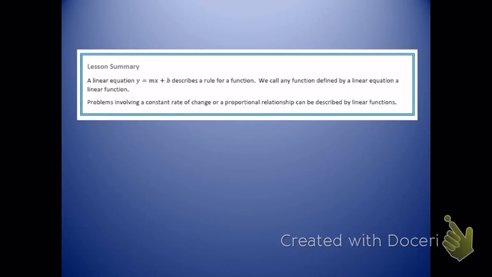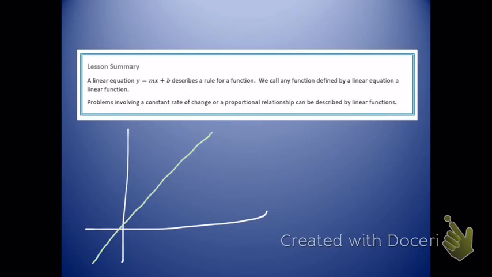So just as a recap on proportional relationships and constant rate of change, remember, if you're going to have a proportional relationship, then it's going to need to go through the origin. Those are those where they can be written y equals mx. That's what we call a proportional relationship.